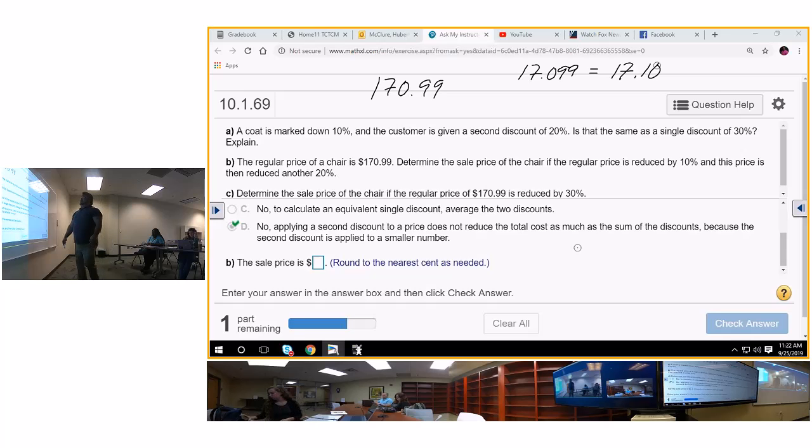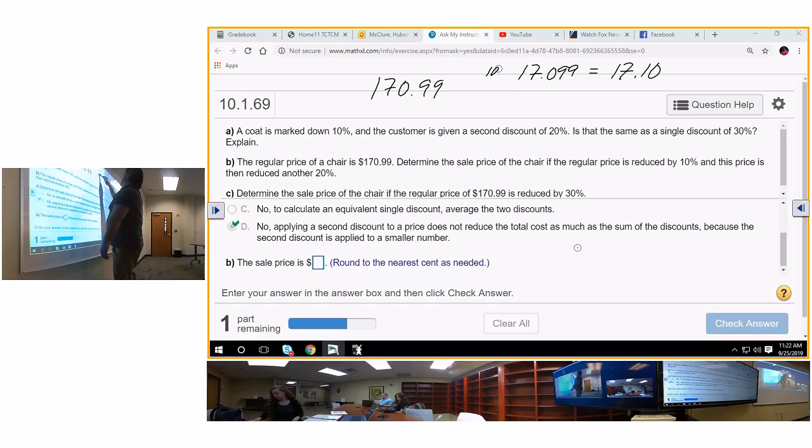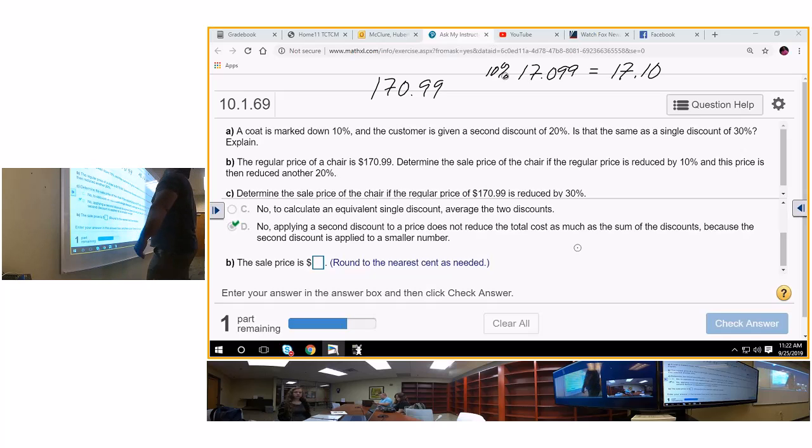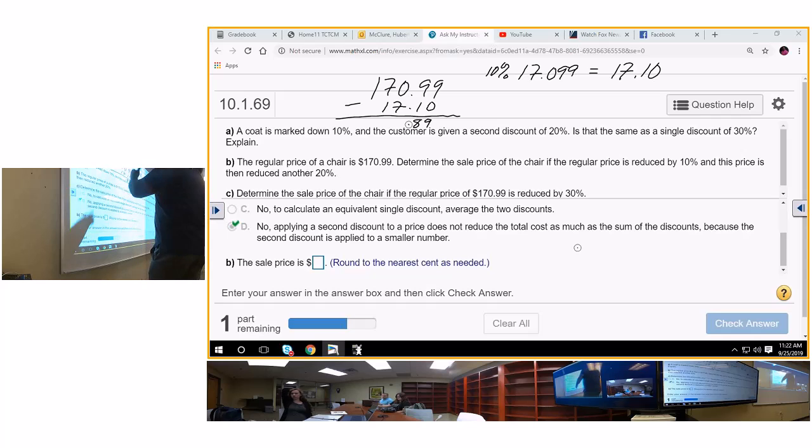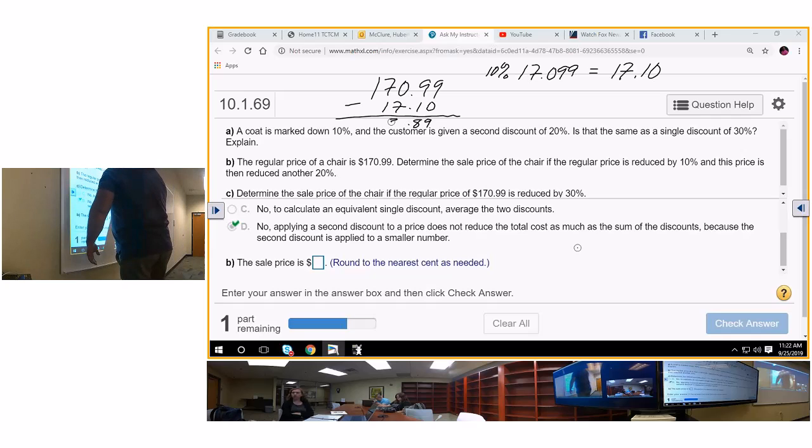So if that's 10%, let's go ahead and do that. 170 minus 17.10. So 99 minus 10 is 89. And 170 minus 17 is what? That's going to be a 3, and 16 is 153. Y'all check my math.